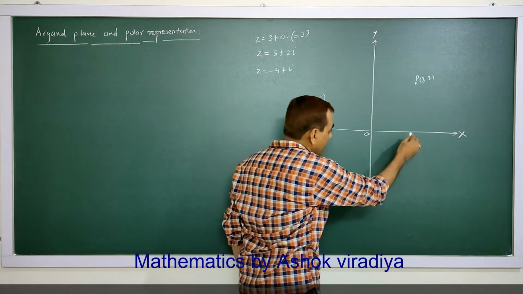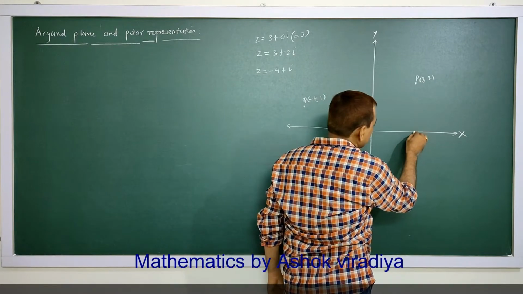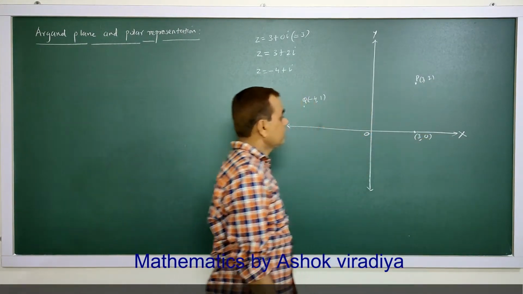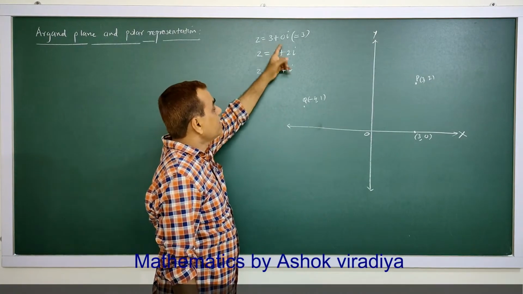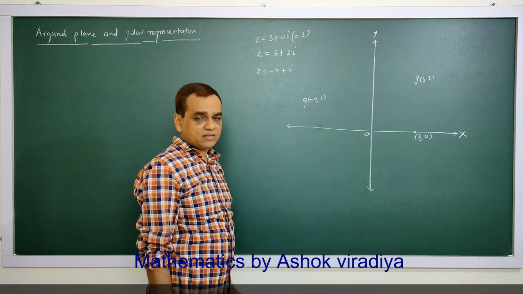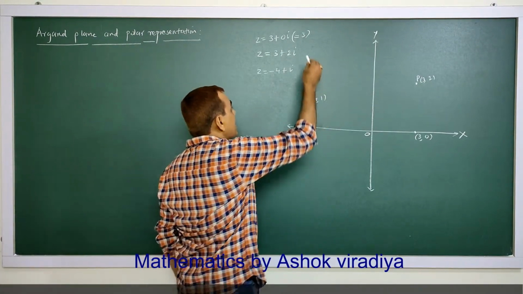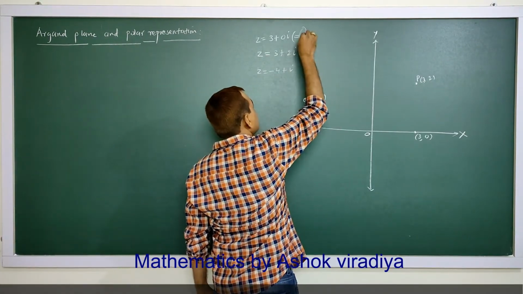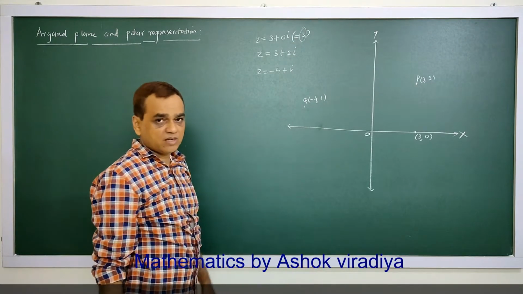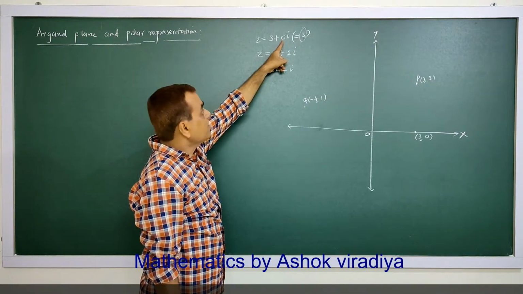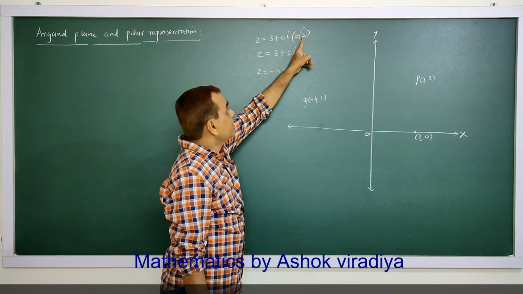So (3, 0) is somewhere here. It lies on the x-axis. So if you represent any real number, when the imaginary part is 0, z is a real number.